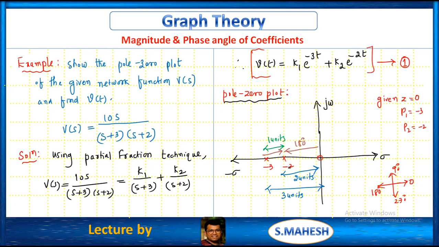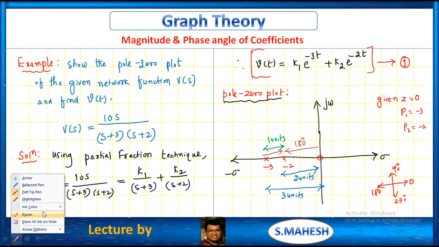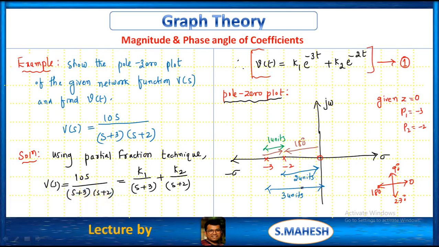See, from 0 to, this is 180 degrees, right? Listen carefully, from 0 to the pole at minus 3 is 180 degrees. Like that, from 2 to pole 3 also 180.